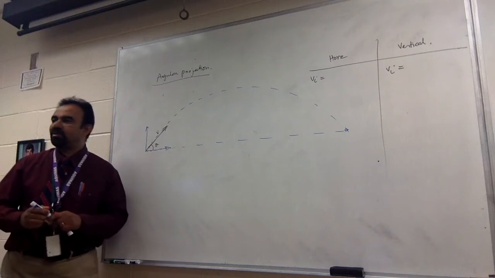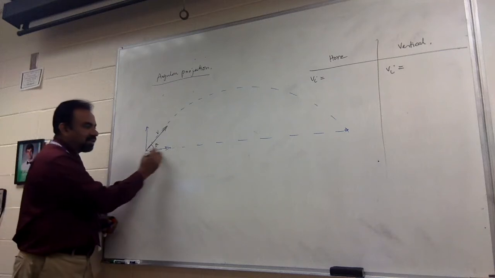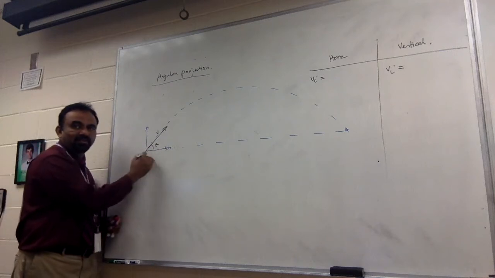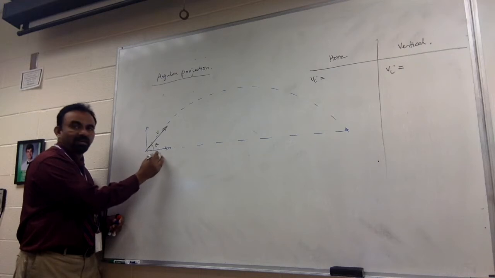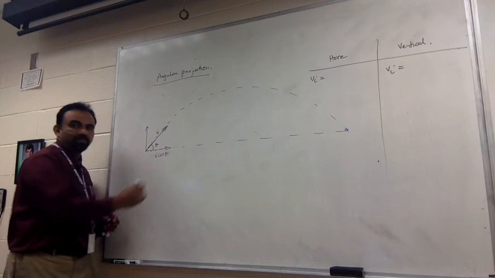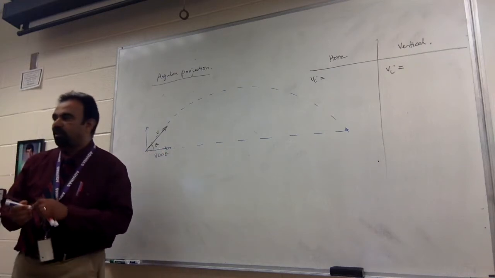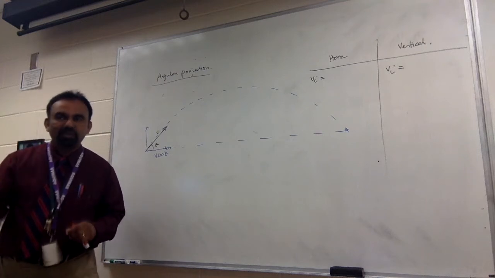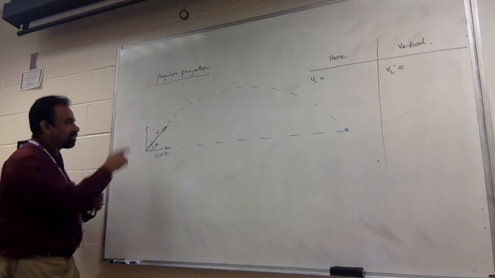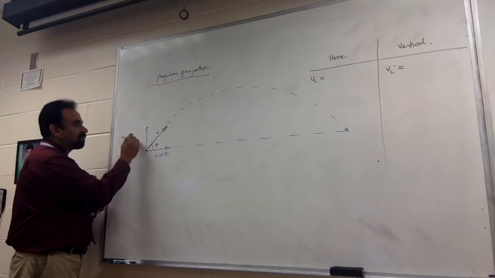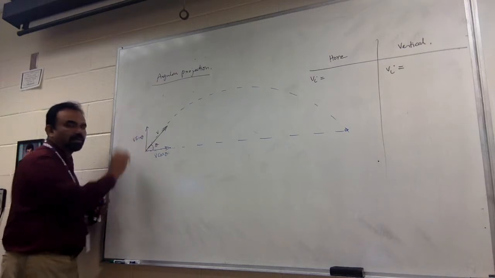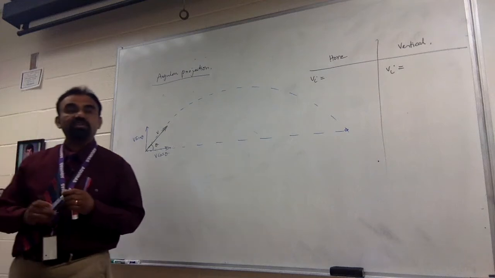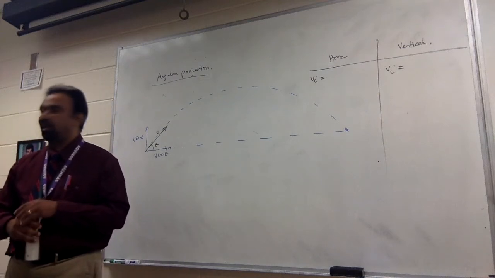So how do you find the horizontal component? How do you find this adjacent component? To find the adjacent component, take the velocity and multiply by cosine of the angle. That's the first thing you should do in angular projection.